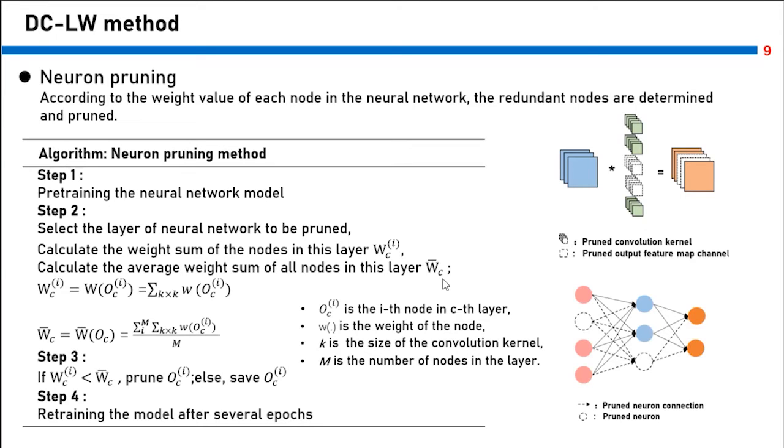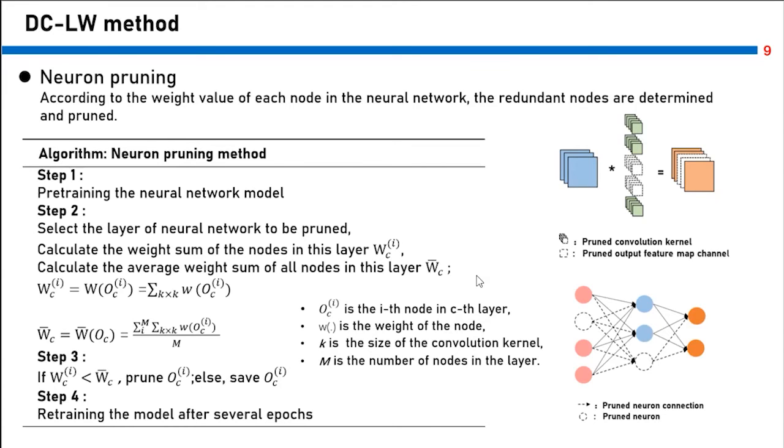The calculation method is shown in these formulas. Then remove the redundant neuron nodes. Finally, we need retraining to restore CNN performance, as shown in the figure on the right. The process of neuron pruning is used in the convolutional layer and the fully connected layer.